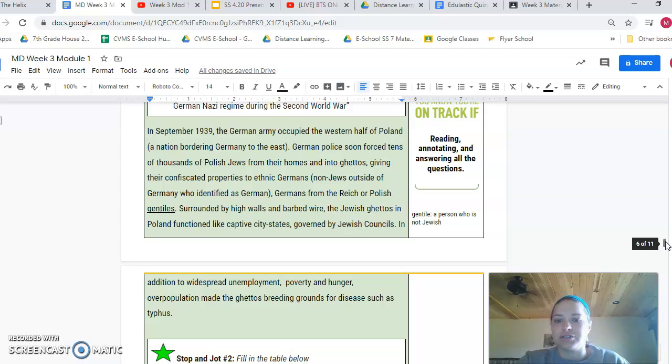So a Gentile is a person who is not Jewish. Surrounded by high walls and barbed wire, the Jewish ghettos in Poland functioned like captive city-states, governed by Jewish councils. In addition to widespread unemployment, poverty, and hunger, overpopulation made the ghettos breeding grounds for disease such as typhus.